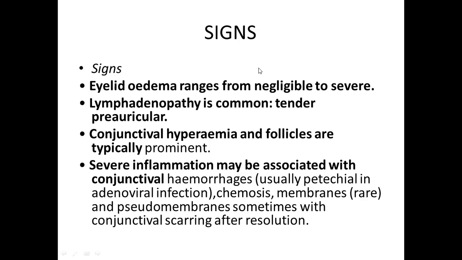You can have conjunctival hyperemia, which I've explained before, and follicles, which I've shown you before. In viral conjunctivitis you have follicles and conjunctival hyperemia more. You can also have chemosis, which I've explained is swelling of the conjunctiva. Next slide.